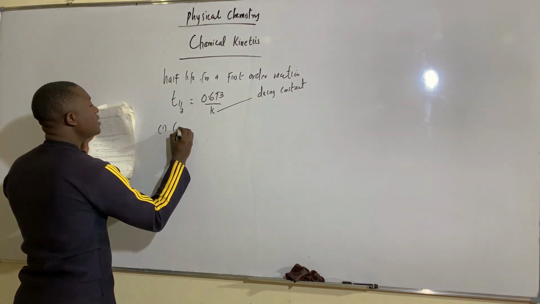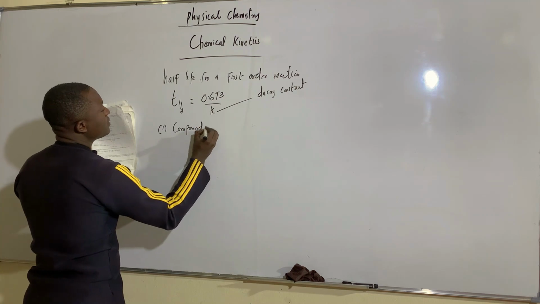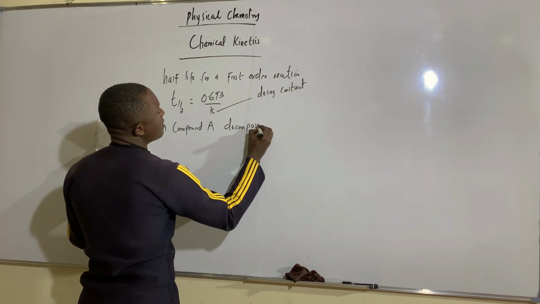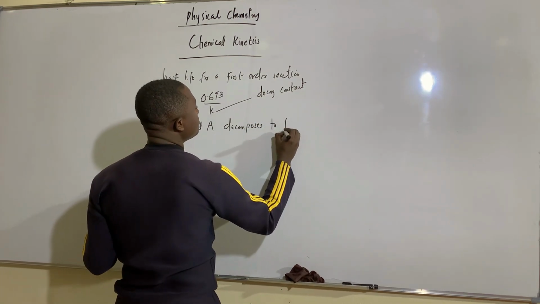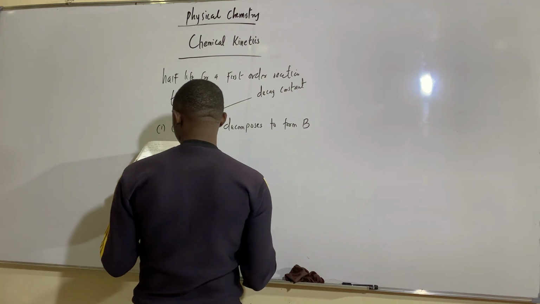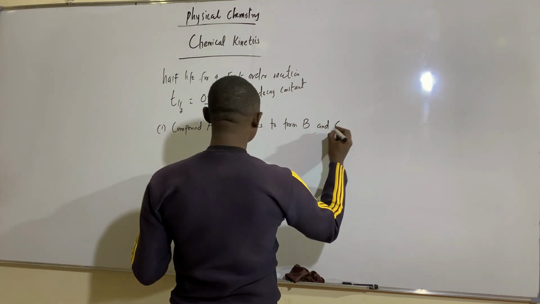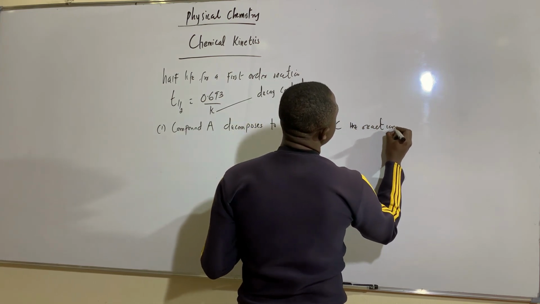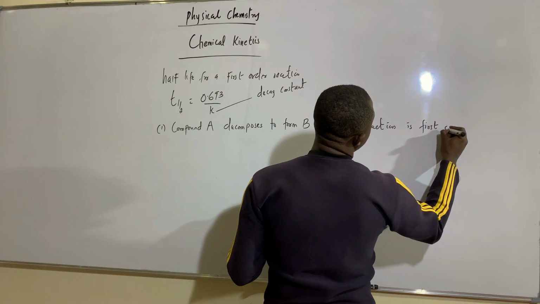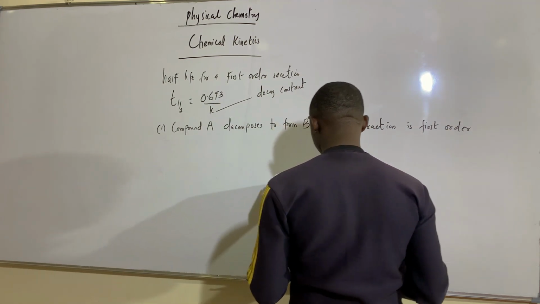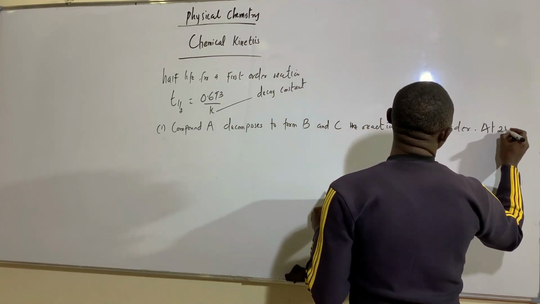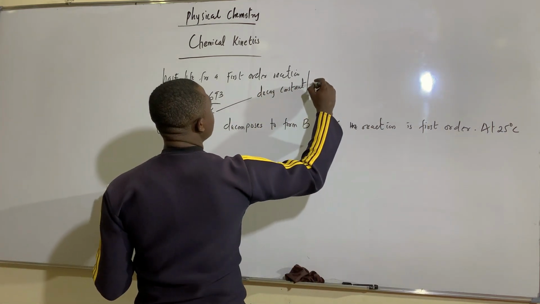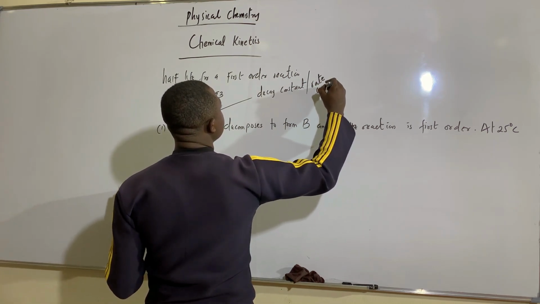They say compound A decomposes to form B and C, the reaction is first order at 25 degrees Celsius. We can also call it another thing, the rate constant, so still the same thing.